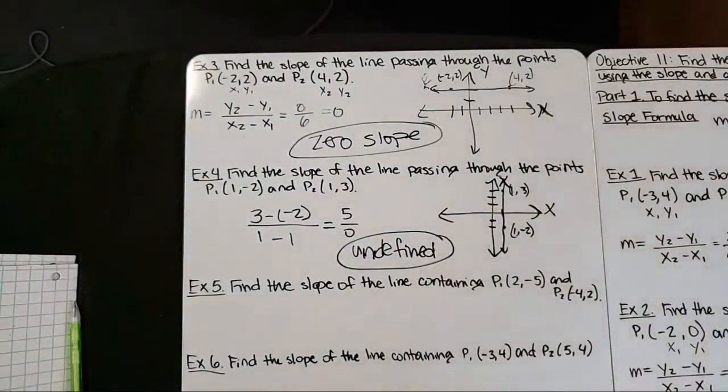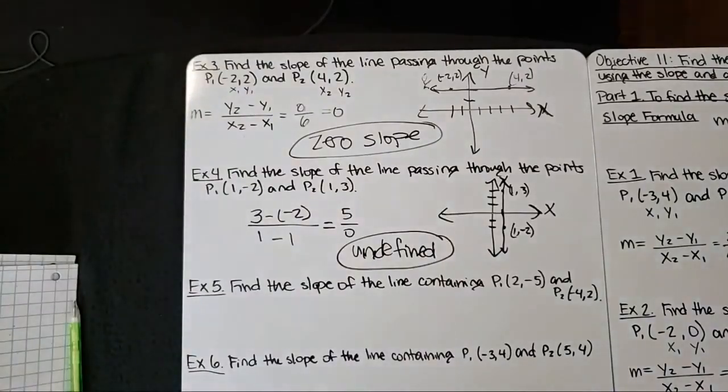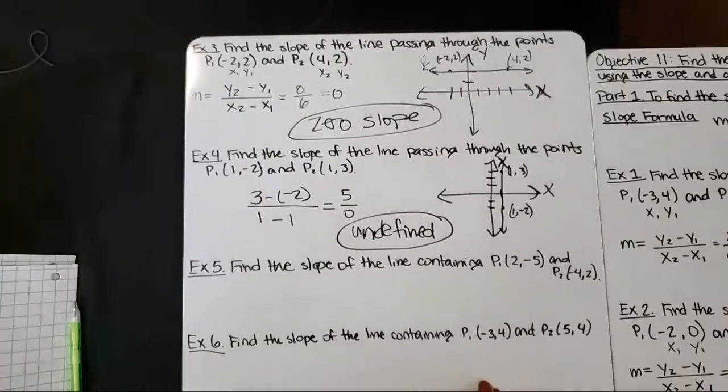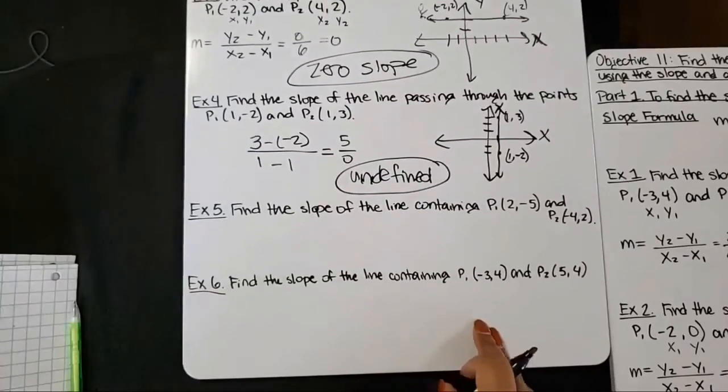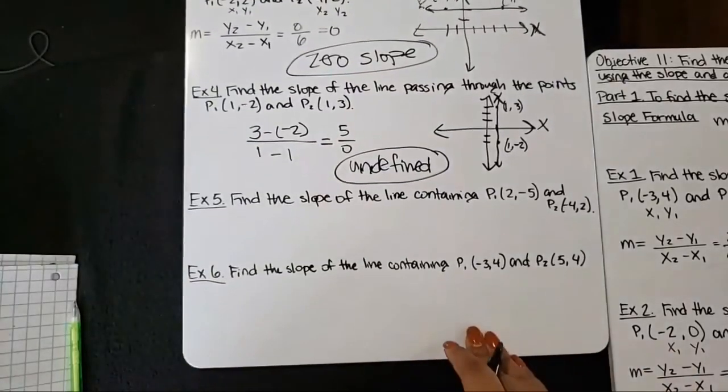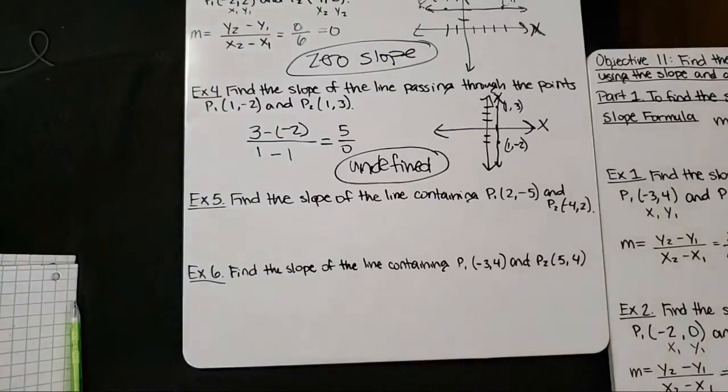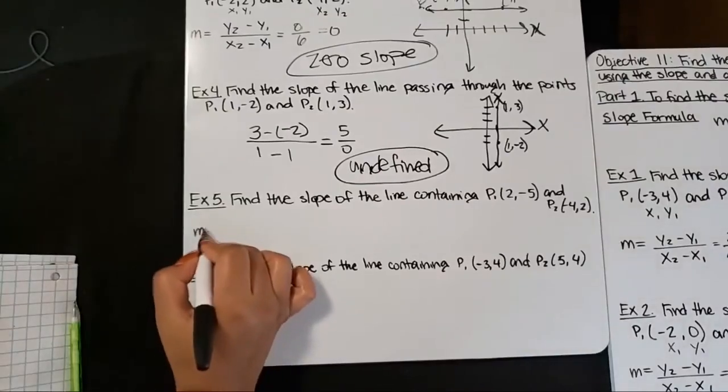So now for example 5 and 6, we're going to practice just finding the slope using our formula, okay? So the first step is to write the formula out.